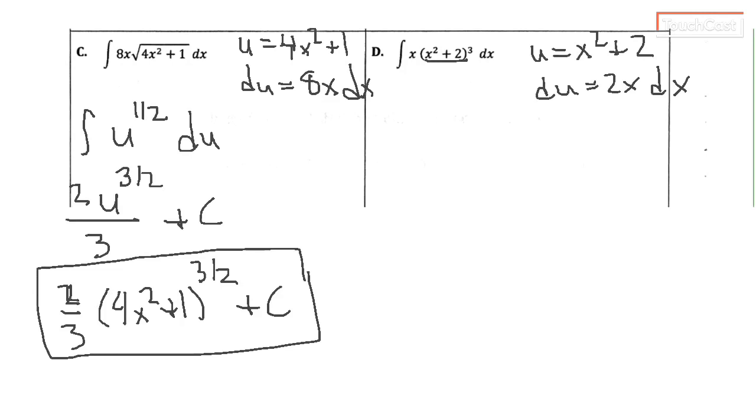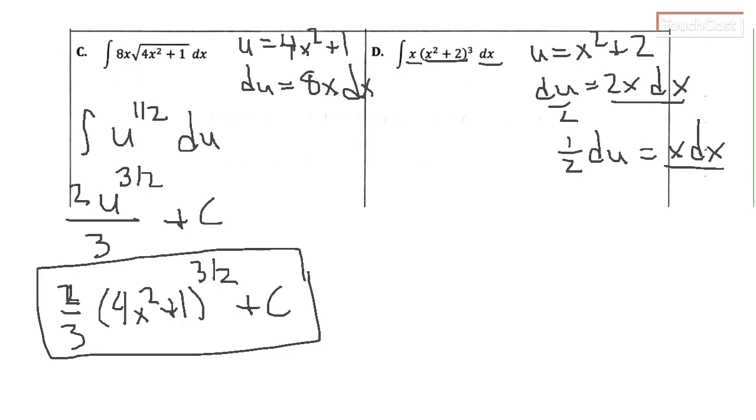But that is not part of our original function. However, I can make it be part of it if I divide everything by 2. So if I rewrite this as 1/2 du equals x dx, x dx is part of that original problem.